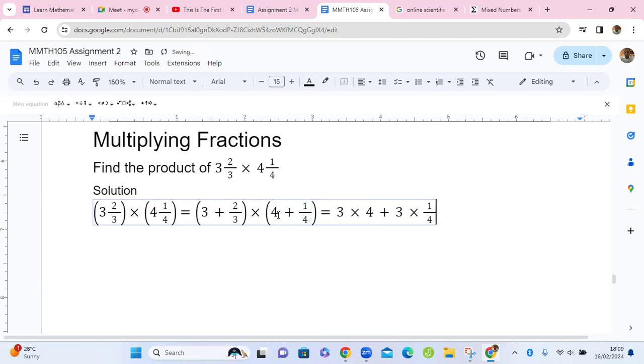Now we're going to use the 2/3: 2/3 times 4, so plus 2/3 times 4, and plus 2/3 again times 1/4.